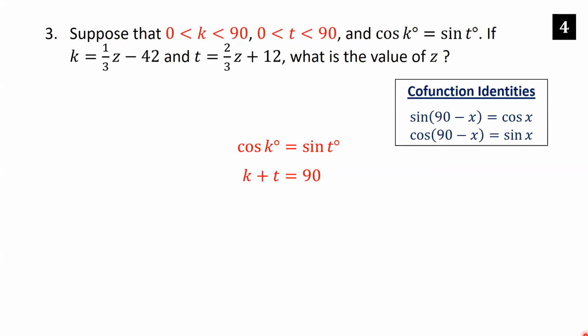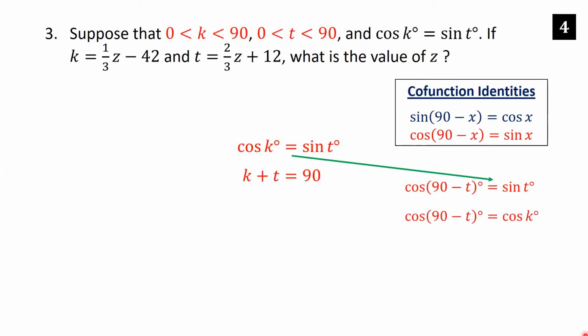But let's just look at why that's true really quick using the cofunction identities. So just recopying cosine of 90 minus x equals sine x and replacing x by t gives us cosine of 90 minus t degrees is equal to sine t degrees. And look at that, sine t is equal to cosine k.